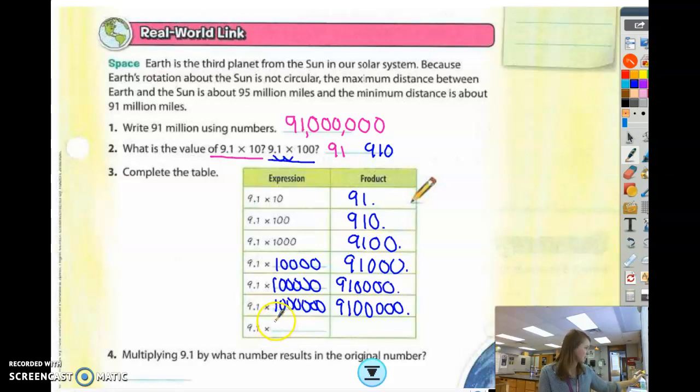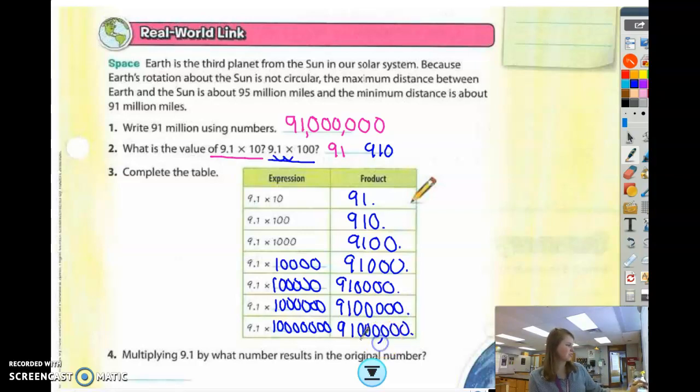Oh my goodness. 7 zeros. 1, 2, 3, 4, 5, 6, 7. So it was originally 9.1, so we're going to take that decimal. I don't want to actually include the decimal in there. So we're moving that decimal over 1, 2, 3, 4, 5, 6, 7 spots.